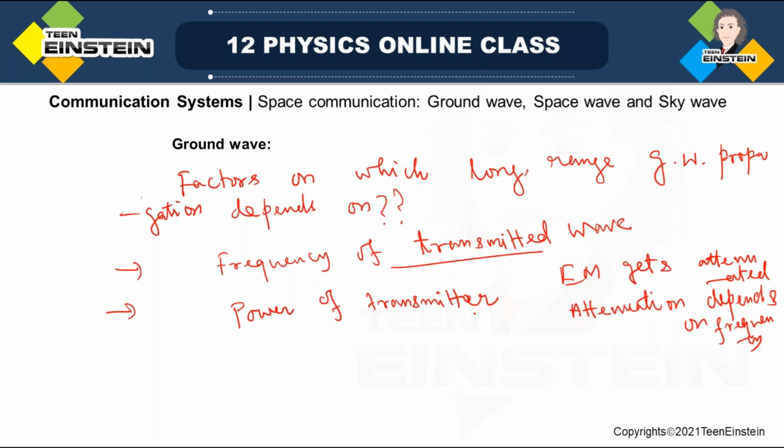Now, to radiate signals of high frequency, the antenna should have a size comparable to the wavelength.